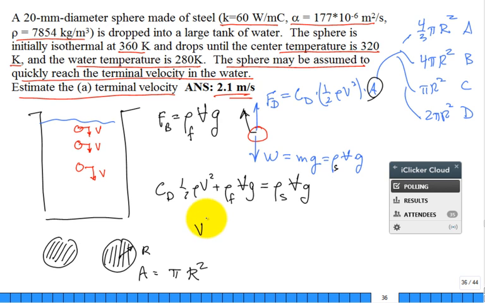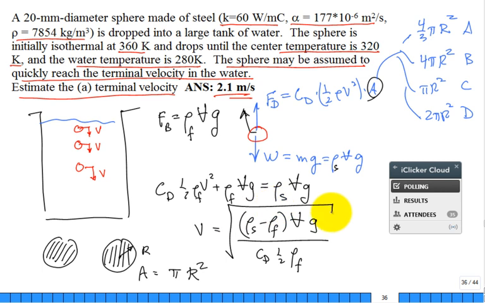So my V, if you want to do it this way, is going to be rho S minus rho F, times volume times g, divided by, what is this, 1/2 rho of the fluid, isn't it? I should put a rho of the fluid there, and then I have C sub D, and then I do the square root. This will give me the terminal velocity.